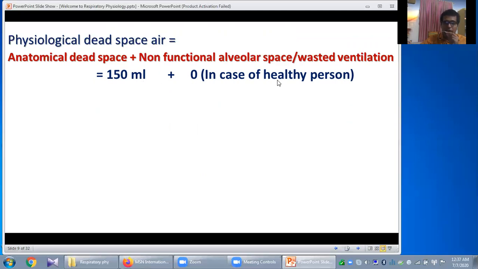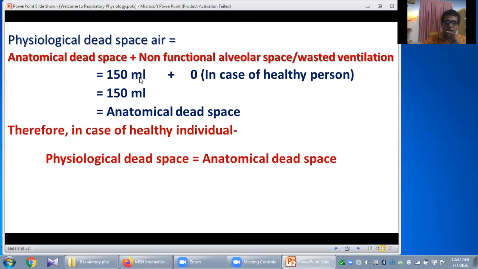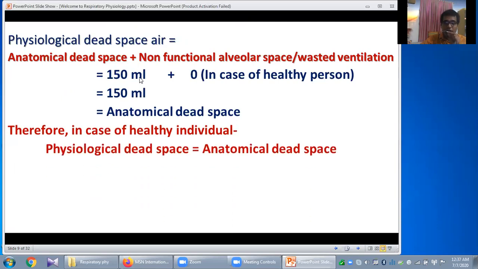But in a healthy individual, we consider that all the alveoli are in a functional state, so there will be no wasted ventilation, or the amount is very insignificant. That is why we consider this value zero in healthy persons. So in a healthy person, physiological dead space is equal to anatomical dead space.